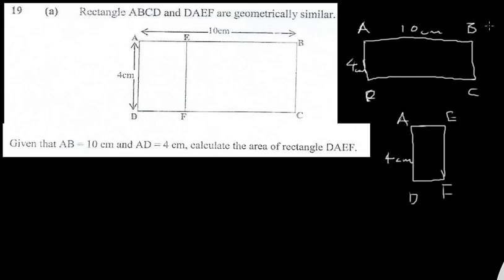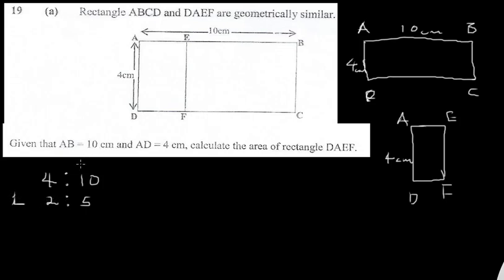So this 4 centimeters is corresponding to 10 centimeters. So we have a ratio of 4 corresponding to 10, right? And this ratio can be simplified to 2 to 5. So this is the ratio of the length of the rectangles.